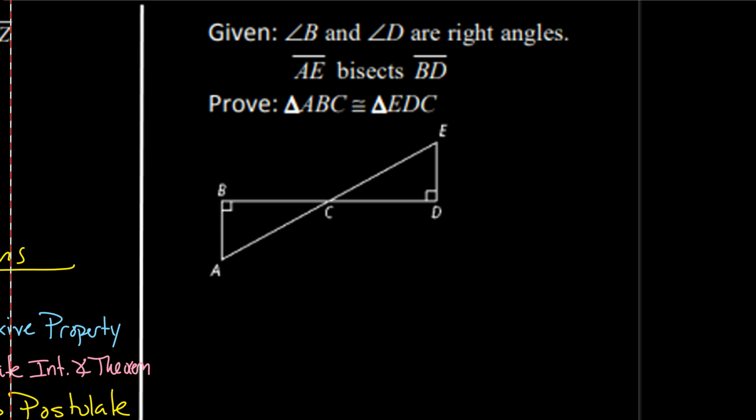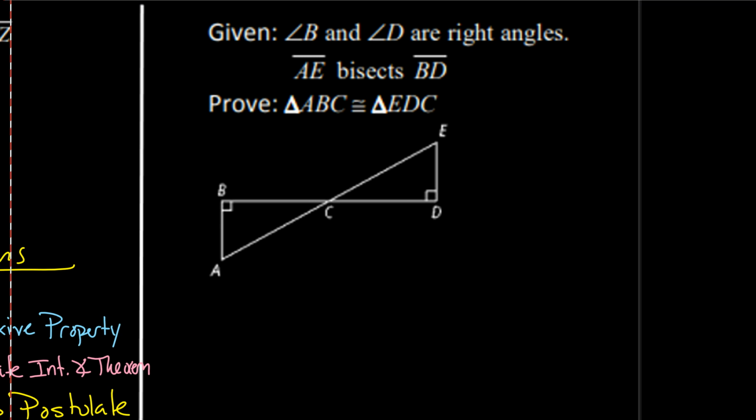Does the statement angle B and angle D are right angles explicitly say that B and D are congruent? So guess what? We need to state that they're congruent in our proof. And I'll show you how in a second, but just keep that in mind.